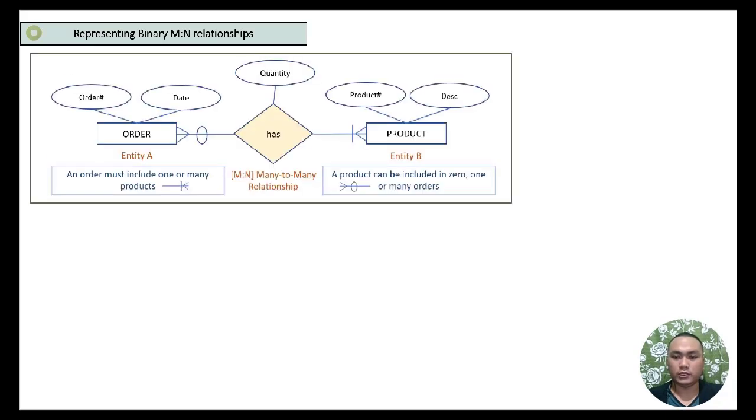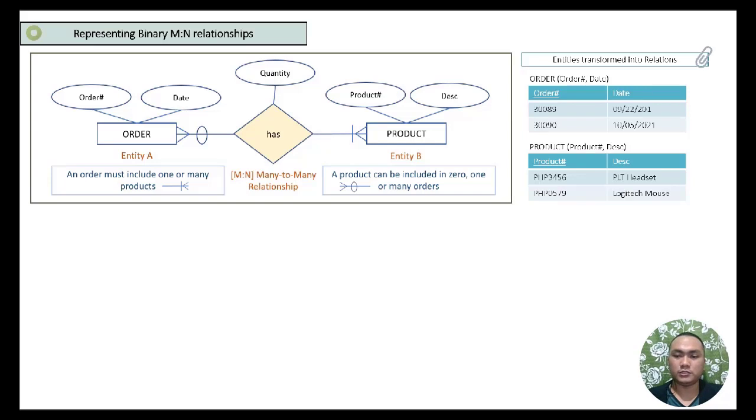In our sample ERD, we have the two entities, order and product, having the relationship has. Each order must include one or many products, while each product can be included in 0, 1, or many orders. Let's translate the entities into relations.